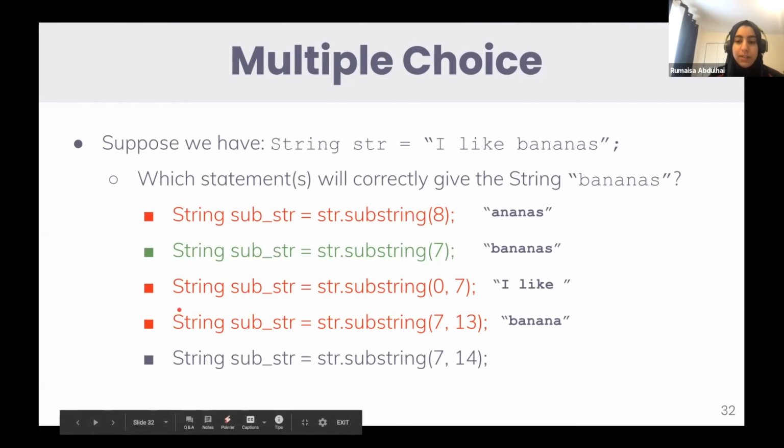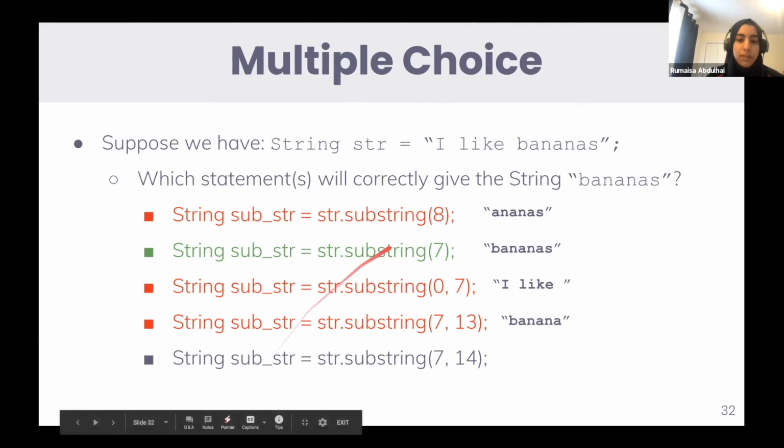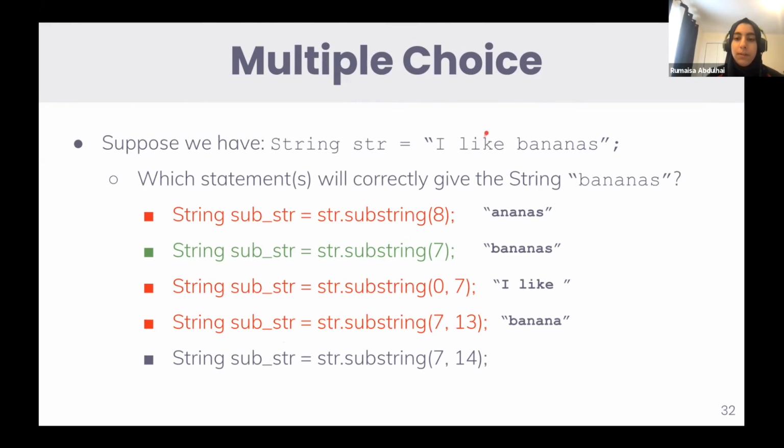Yeah. So the reason why this one is not correct is because you start at index 7 and you end at index 13. So let's do this. So we have 0, 1, 2, 3, 4, 5, 6, 7, right?